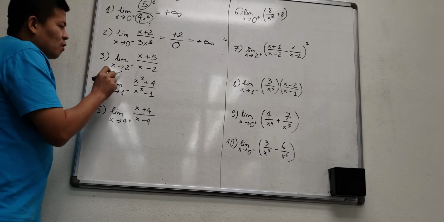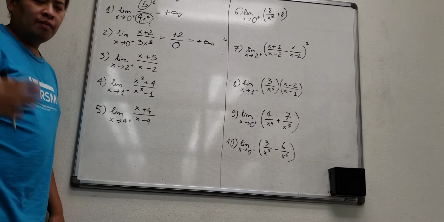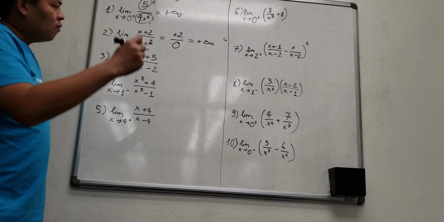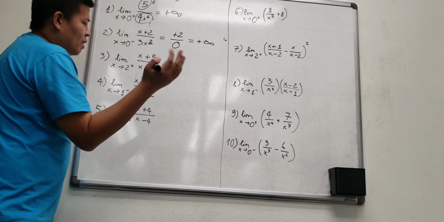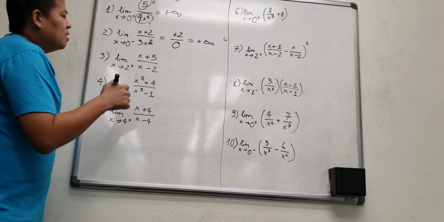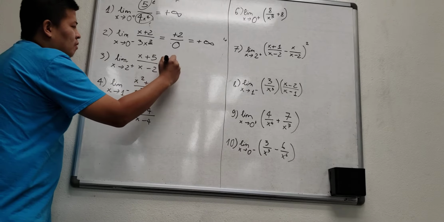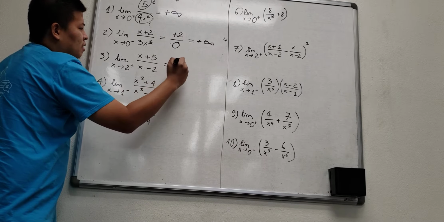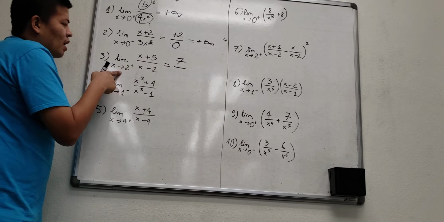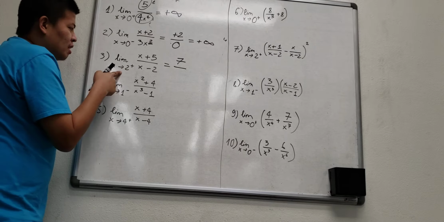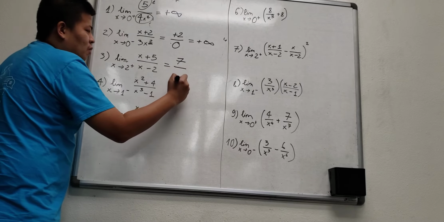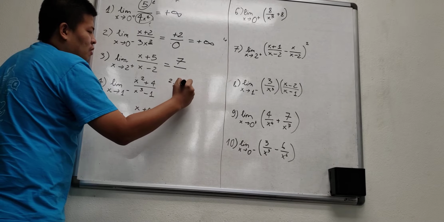The next, number 3, limit where x goes to 2 from the left. It means from left to the right. So that you go about 7. And we have the positive. It means that 2 becomes 2 minus 0.something.